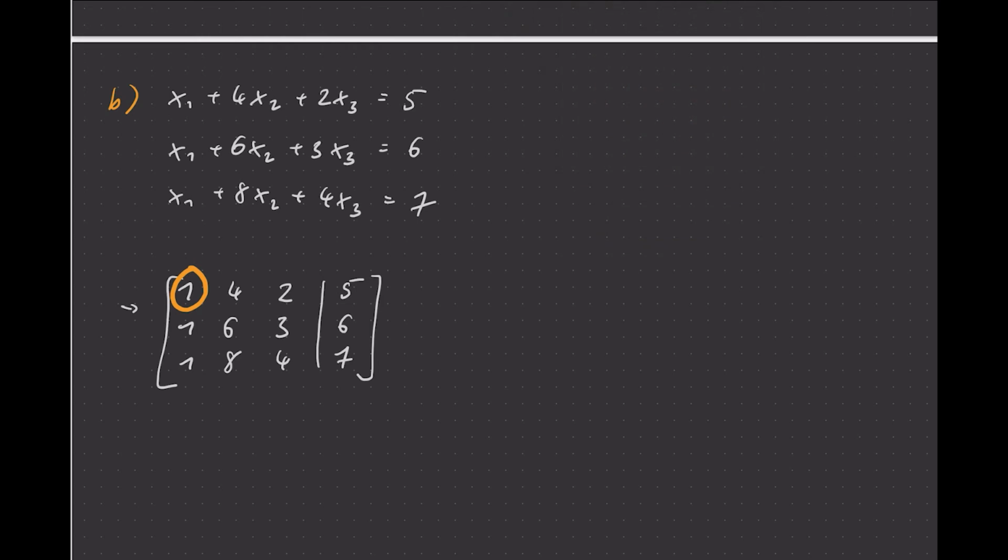Next, we'll use that entry to produce zeros down here. And of course, that can be done by just subtracting the first row from the second and by subtracting the first row from the third. I'll do both of these in one step now, and I'll also just write minus row 1 as an abbreviation of plus minus 1 times row 1. Okay?